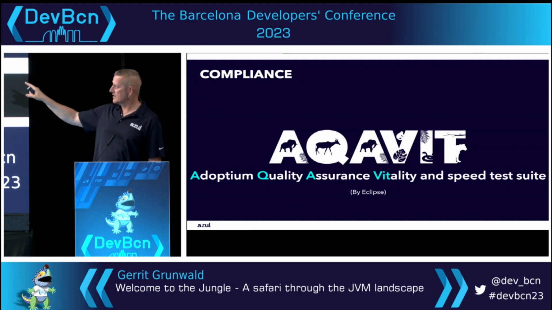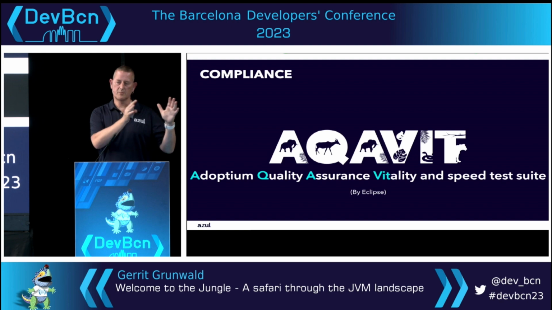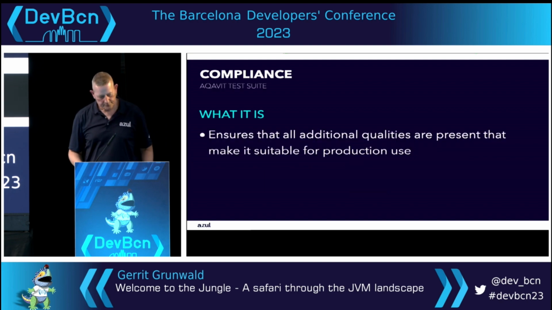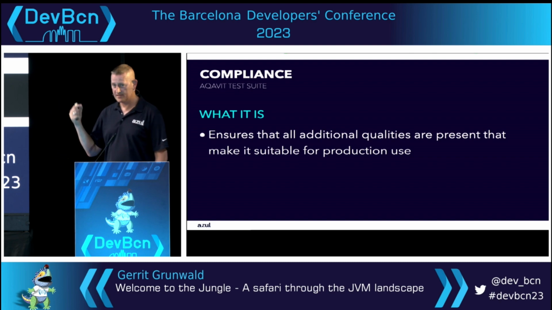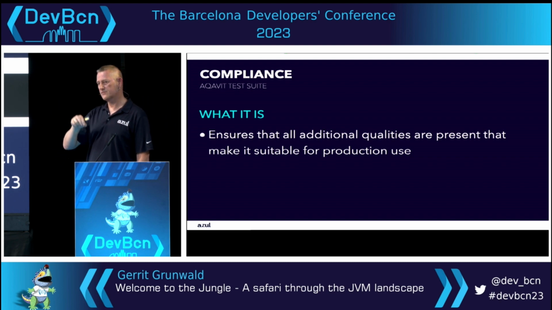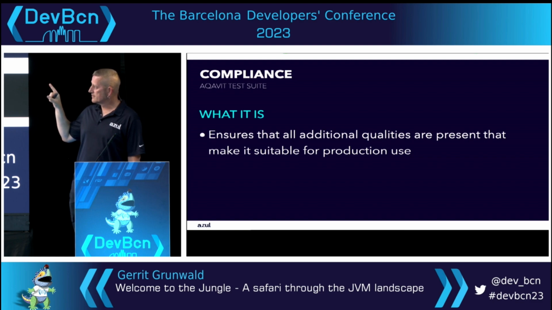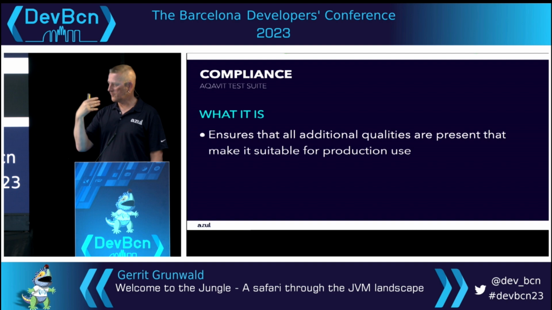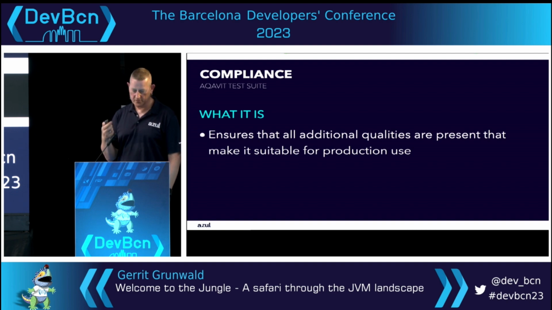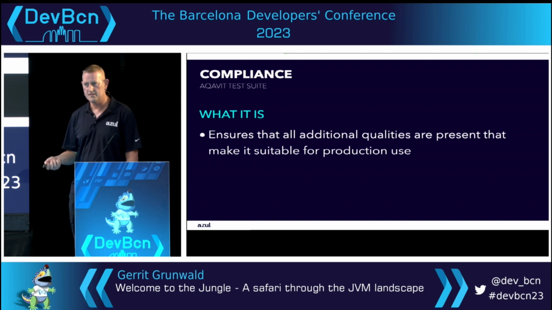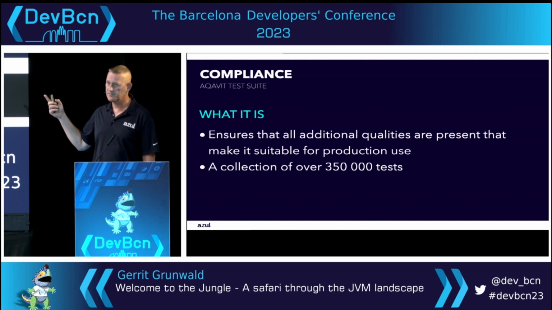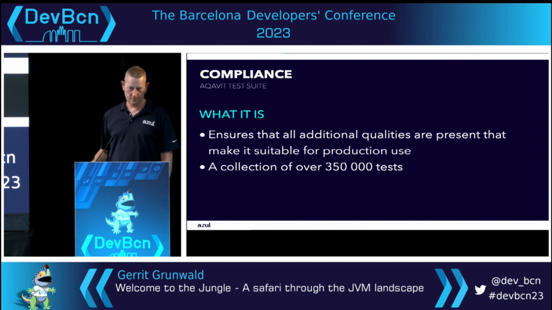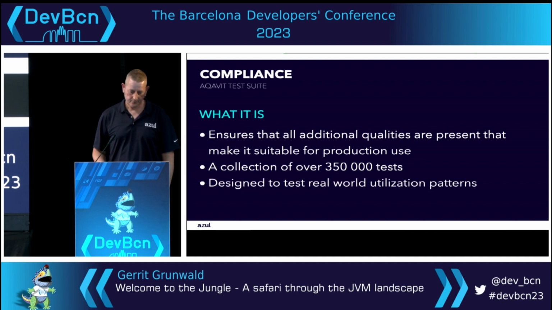The next reason is that Eclipse created this test suite because they would like to have something similar to the TCK, which is independent from Oracle. Where the TCK is technically testing the JVM implementation, the AQAvit tests make more sure that it's performant and ready for use in production. These are different tests, and they run more than 350,000 of them.